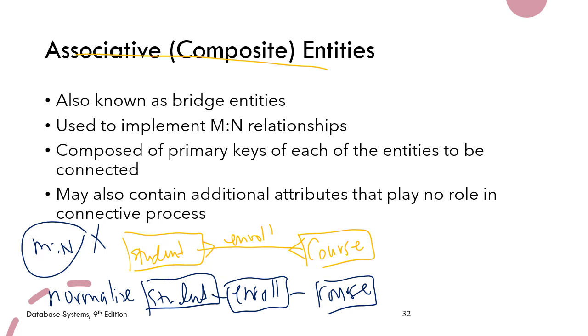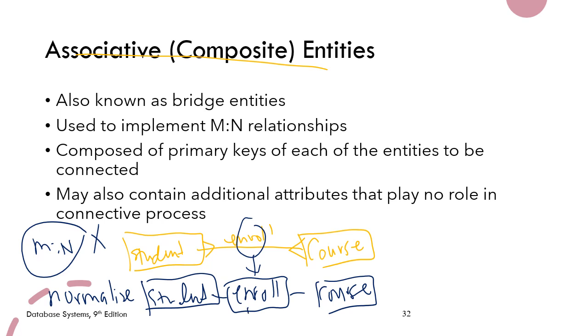Similar to the situation where a doctor prescribed the drug, or a doctor prescribed the patient, just now. So when we upgrade the relationship to become an entity, this created entity is named an associative or composite entity. In this case, the primary key is obtained from the parents.